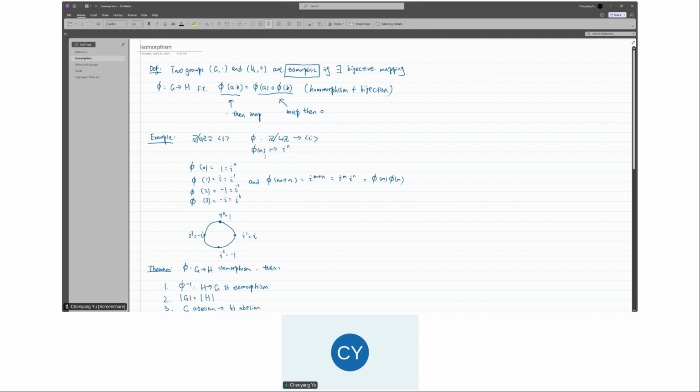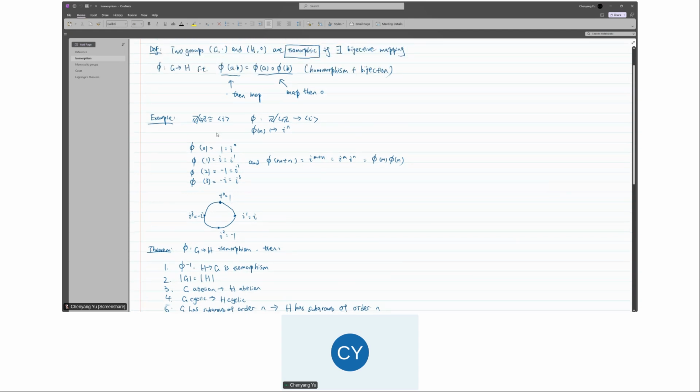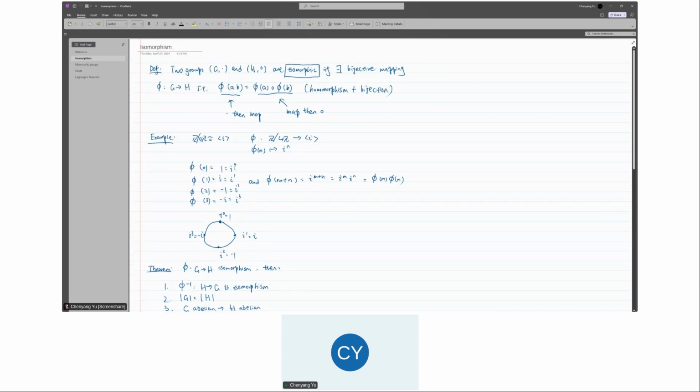So why does it work? Because we can find a one-to-one correspondence by mapping each element to an element in the other group. For example, map 0 to i to the 0 power, you get 1. Map 1 to i to the 1, you get i. Map 2 to i squared, you get -1.